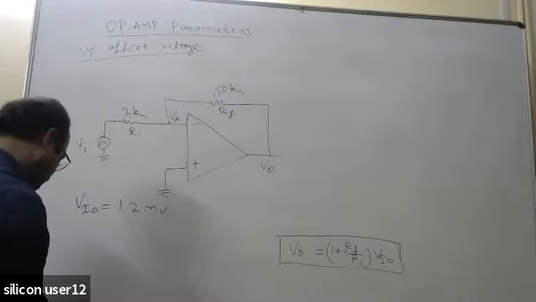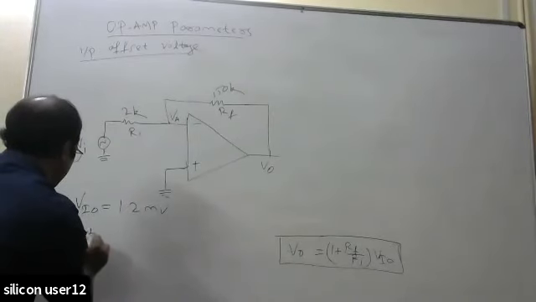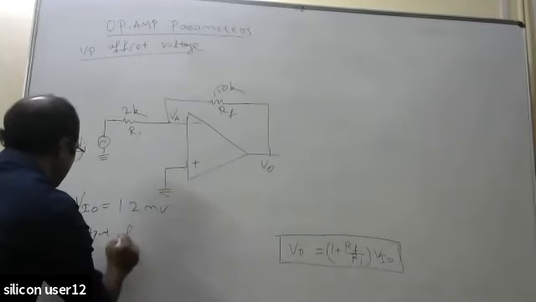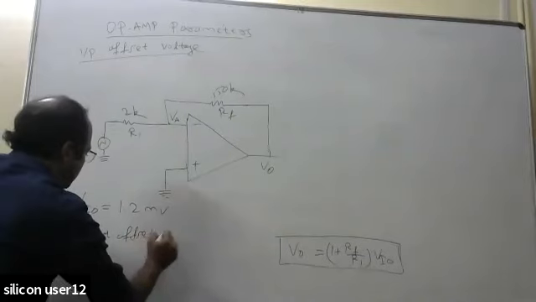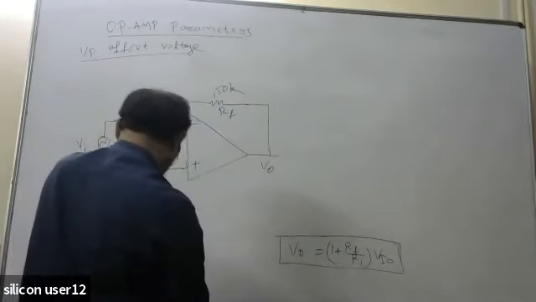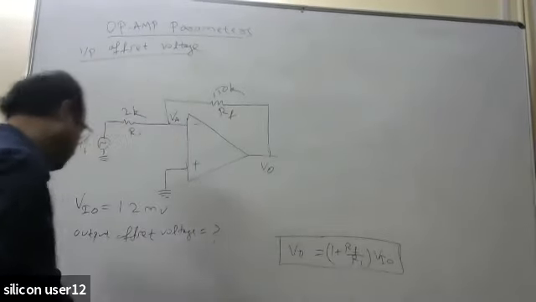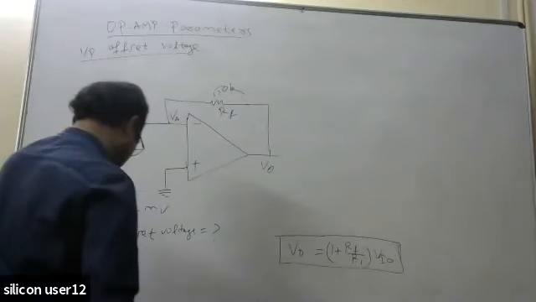Then find out the op-amp output offset voltage.